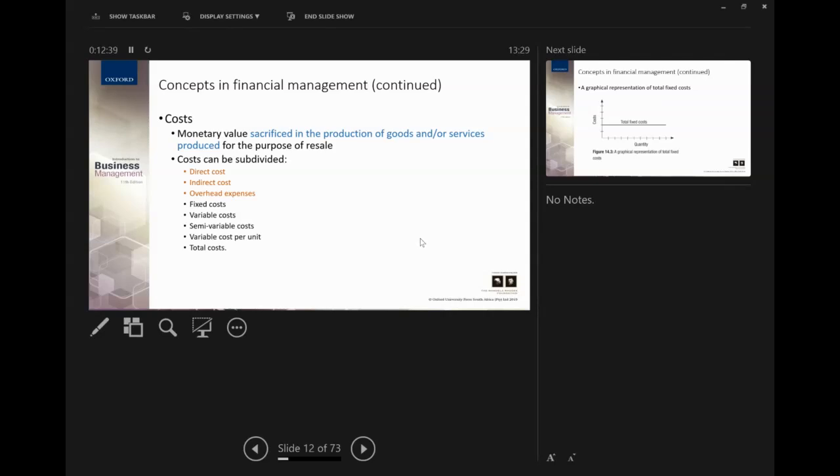And I think what's even more important is establishing the different types of costs. Okay? I know you guys know what fixed costs and variable costs might be, but do we know what direct costs are? What indirect costs are? Or overhead expenses?